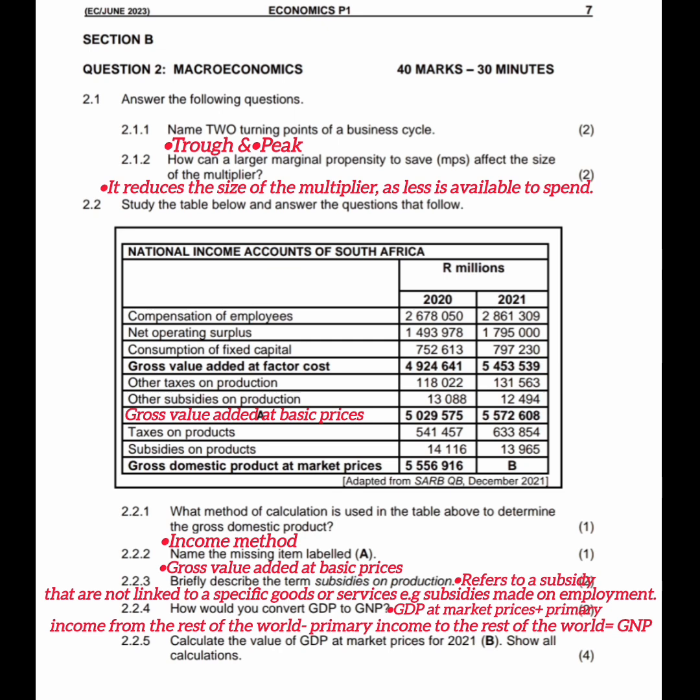Then we're going to get our B. So we're going to say 5,572,608 plus 633,854 minus 13,965. Then this will give us our GDP at market prices, which is 6,192,497.